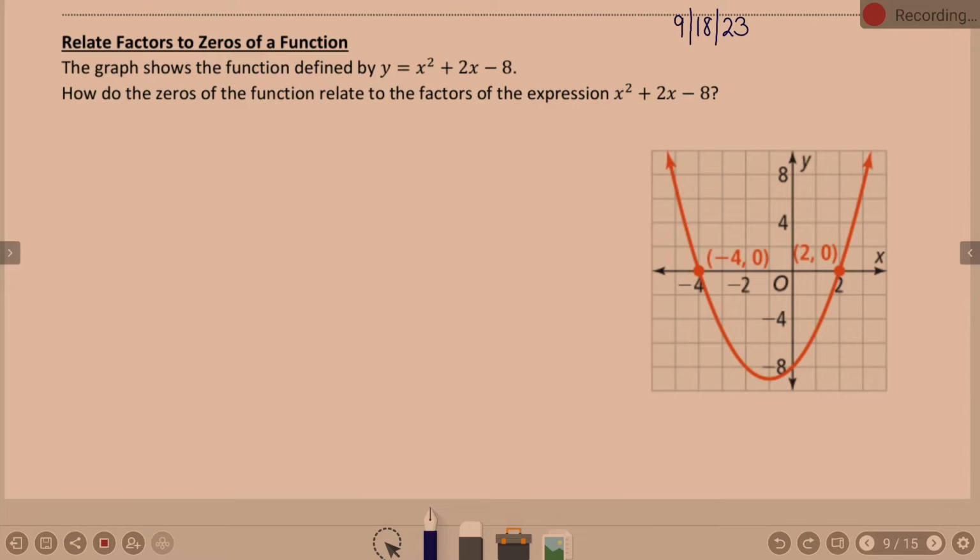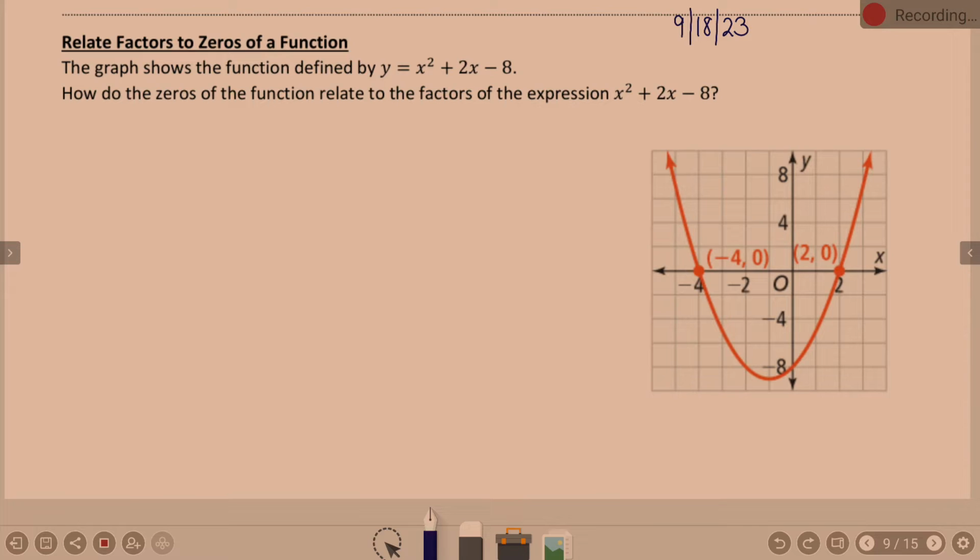So we're starting at the bottom of the front page there. And it talks about relating factors to zeros of a function. So this equation, y equals x squared plus 2x minus 8, is shown by this graph.